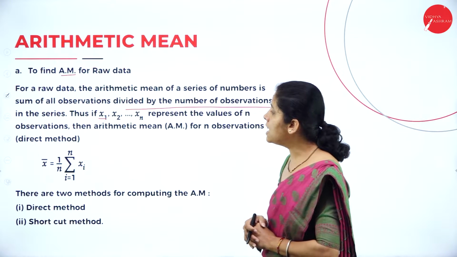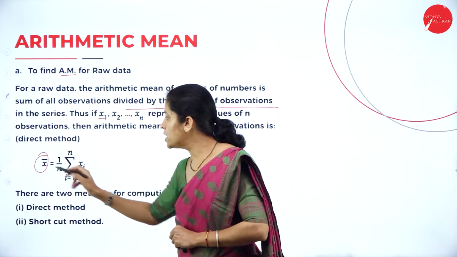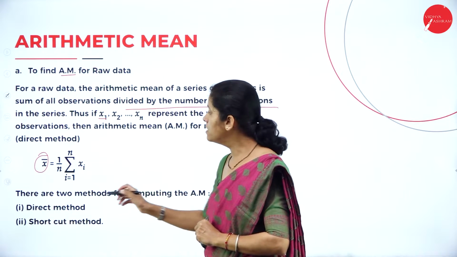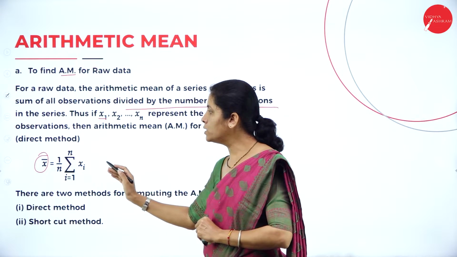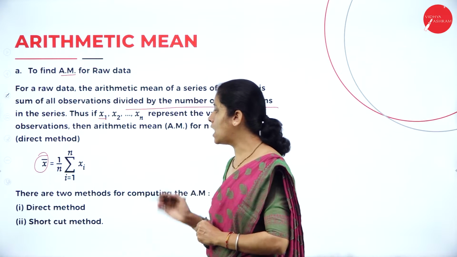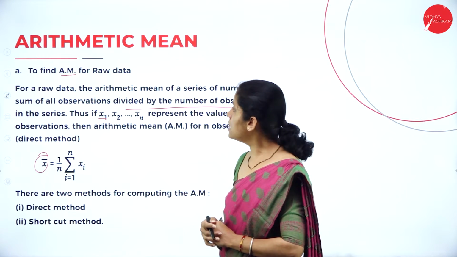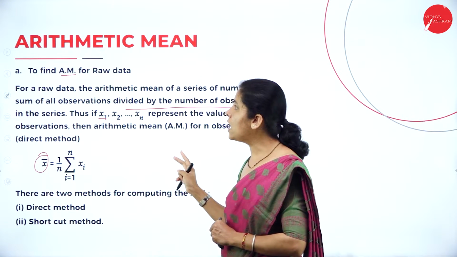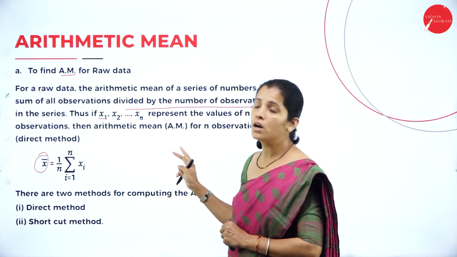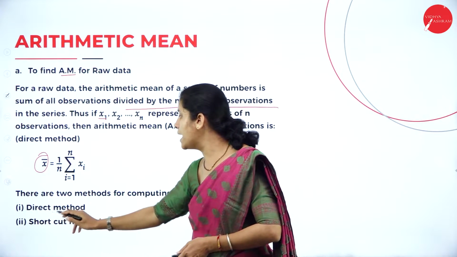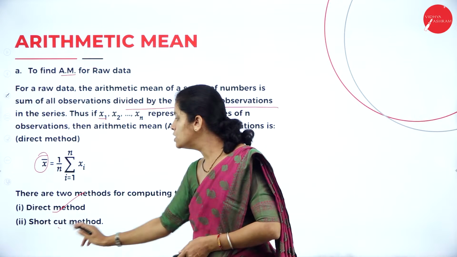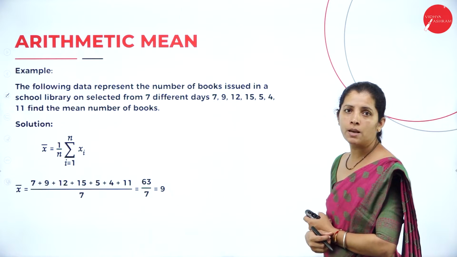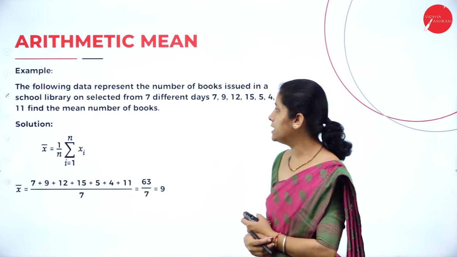The formula is: mean equals 1 by n, summation i from 1 to n of xi. There are two methods used to find the arithmetic mean for raw data: the direct method and the shortcut method. In the direct method, I substitute into the formula directly.